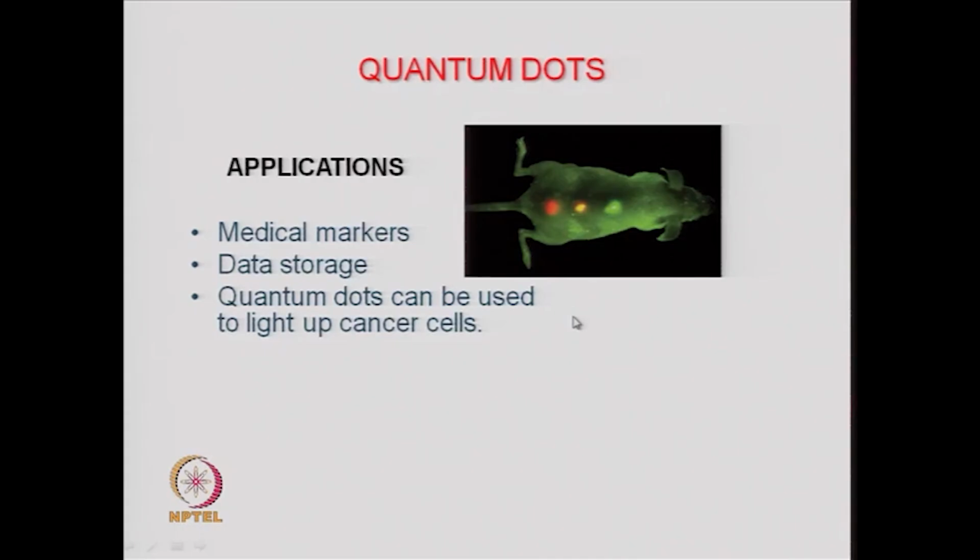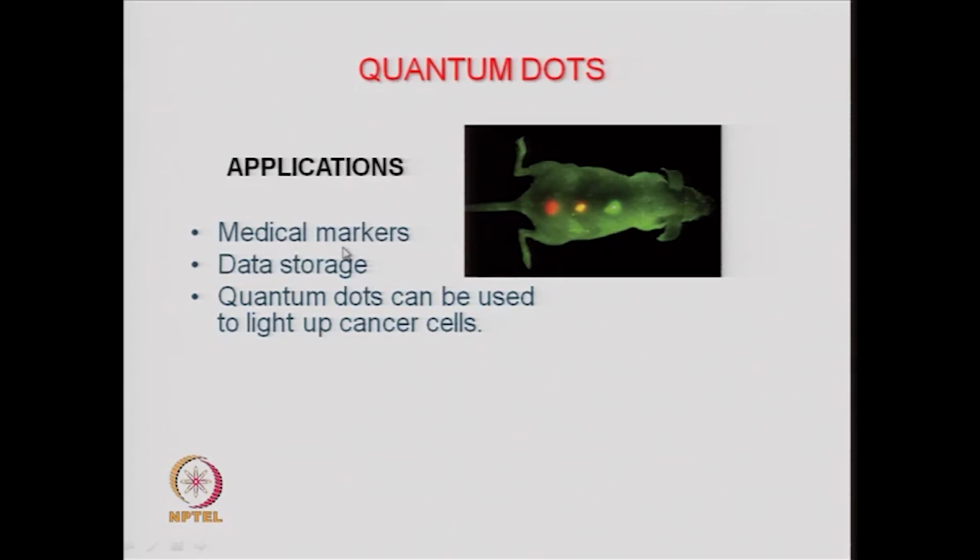If you can target these quantum dots emitting different colors to different parts of the body, then you can illuminate different parts of the body, and if you know which quantum dot will go where, you can identify that this part is having some kind of cells, because the red emitting quantum dots will only go there, and if a green emitting quantum dot goes to another specific site, then we can identify that site easily. So, quantum dots are being used as medical markers.